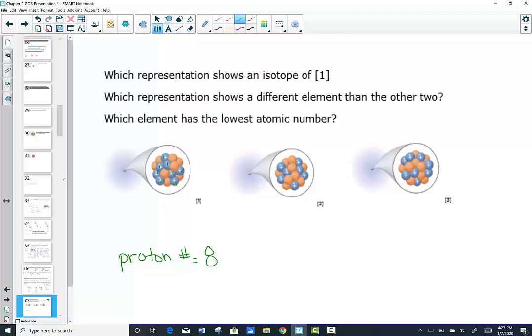Those are the shaded blue atoms. 1, 2, 3, 4, 5, 6, 7 protons in the second structure. Do you count like I do? 7 blue atoms. And how about here? 1, 2, 3, 4, 5, 6, 7, 8 in the third structure.